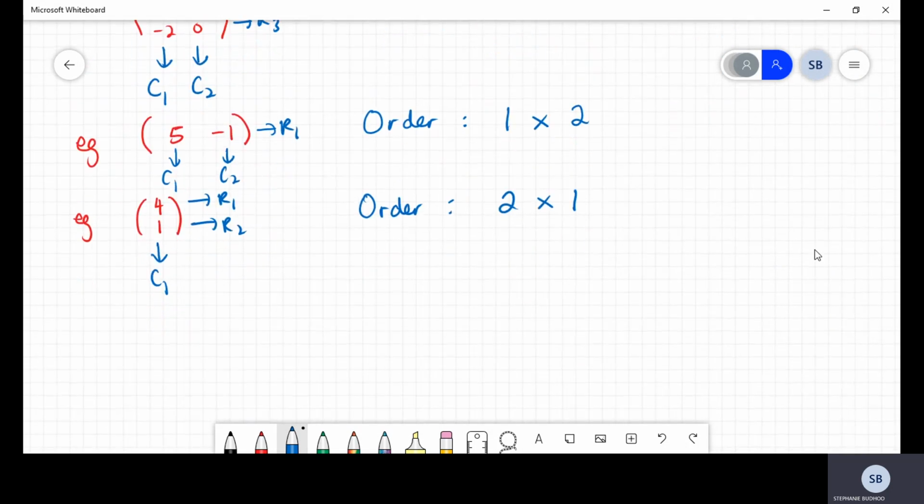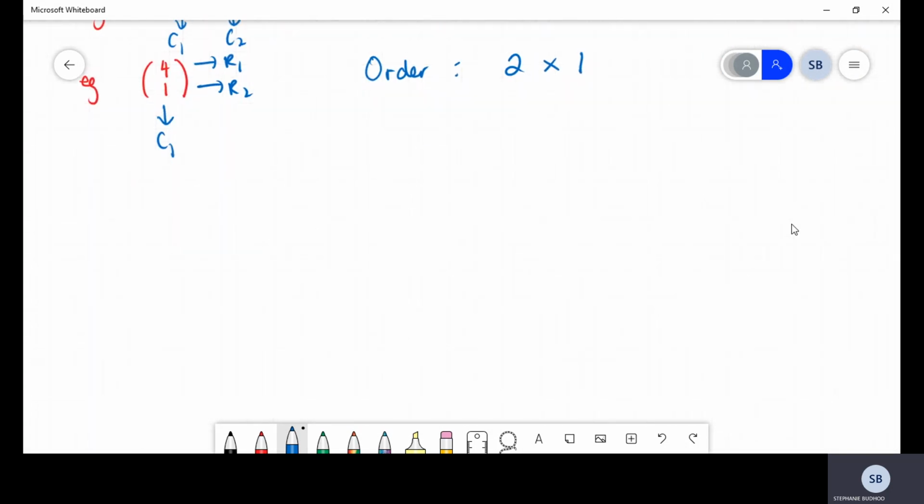Similarly, we can have matrices that look like this, which is the one we did in the first example. 2, 5, 0, 1. How would you describe this? Well, the same principle applies. You count how many rows.